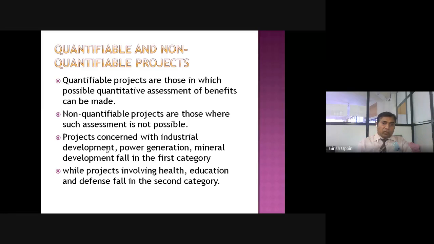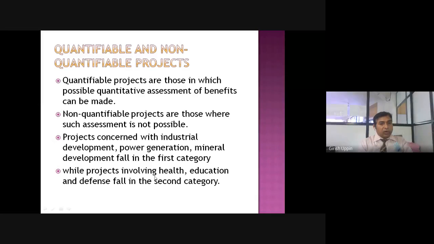In that case, when they take up certain projects to bring development in that sector, they can quantify how many SSI units started. They can put that in a number. That is how we can see those are quantifiable projects. Power generation, we know what amount of power will be generated, so that is quantifiable. Mineral development, we know how much mineral we can produce. Those are quantifiable, where we can put numbers.